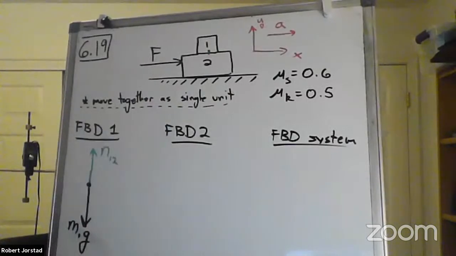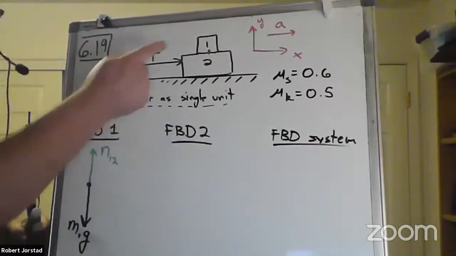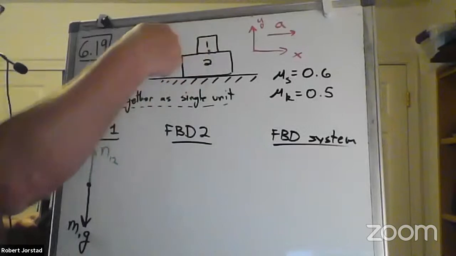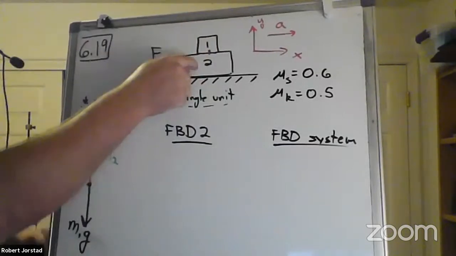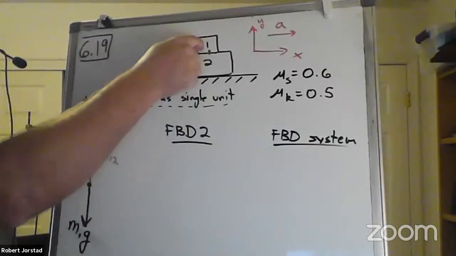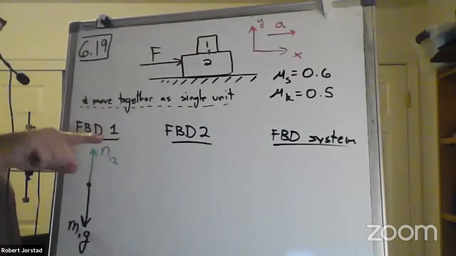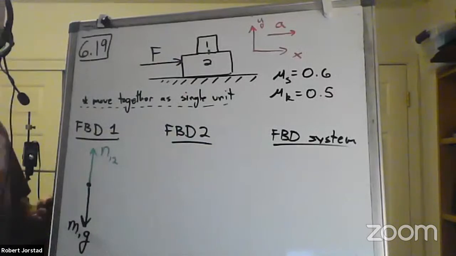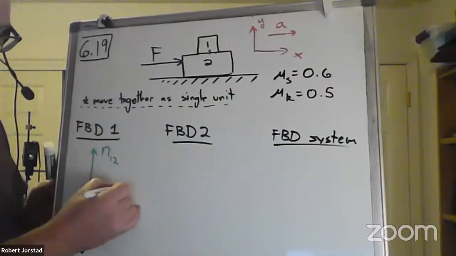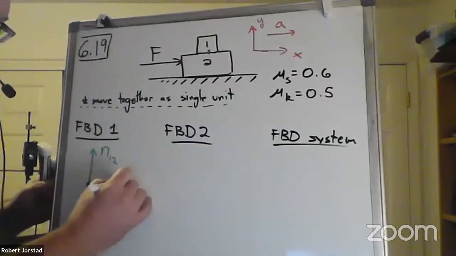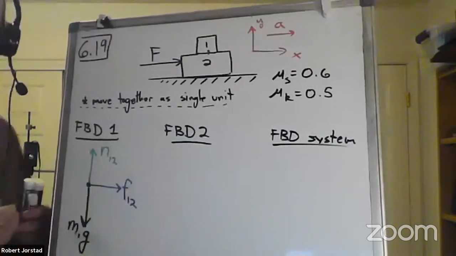Otherwise, it would fall off. There's a tendency of this object to fall off the back relative to 2. That means the friction on 1 is opposite its motion relative to 2. That's forwards. If there was no friction, it wouldn't move forwards. There is friction, therefore it does move forwards. Tricky.